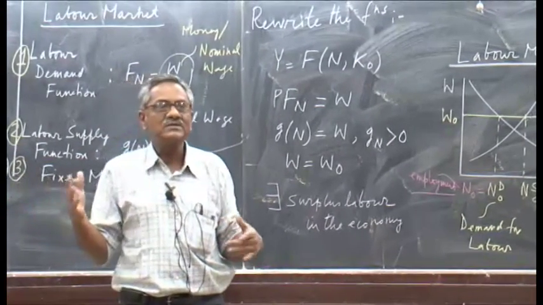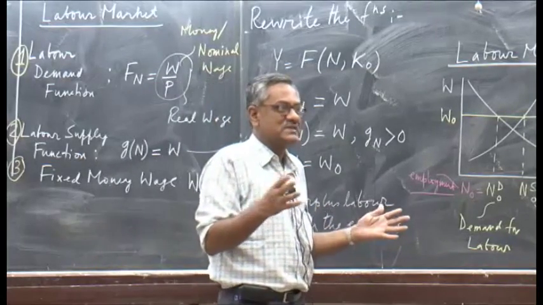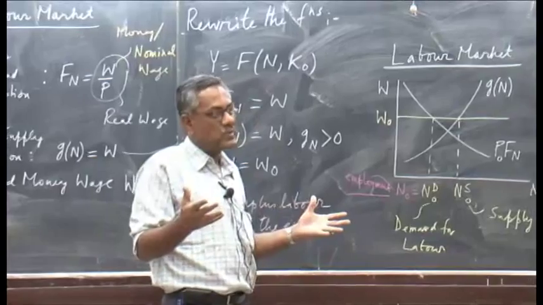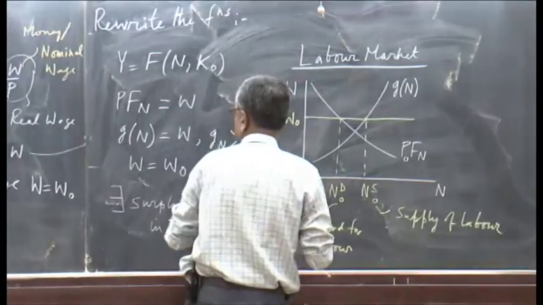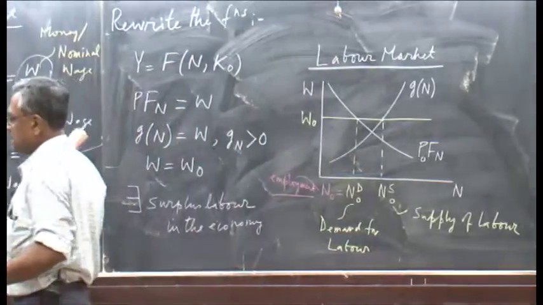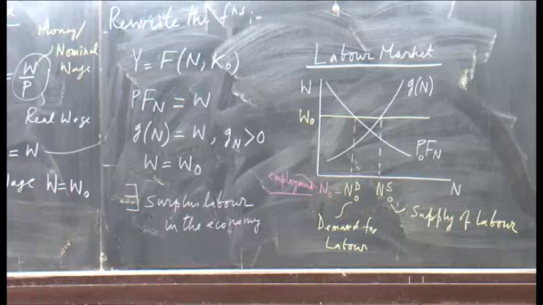At equilibrium, supply is always equal to demand. So there is no short side of the market. Both the sides are matched. That's why it's called equilibrium in some sense. Okay. Now, if you agree with this, now I come to the Keynesian supply function.